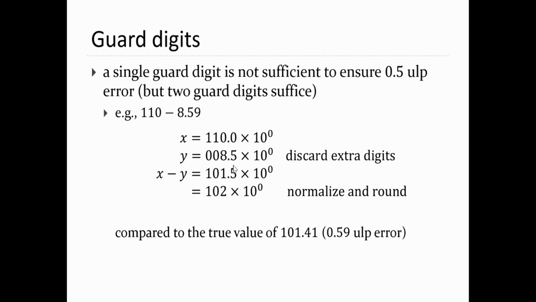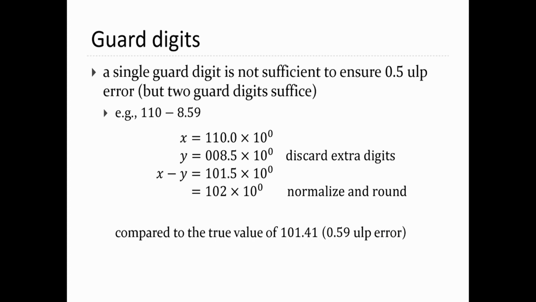Well, it's 8.5. I only get 1 guard digit, so I lose the 9. Now you calculate the result, and you get 101.5 times 10 to the 0. I've got 4 digits in the answer. Round to get 3 digits, and that gets me to 102 times 10 to the 0. The true value is 101.41, and that's almost 0.6 of an ULP, which is a little bit larger than what the IEEE standard says I'm allowed to have.